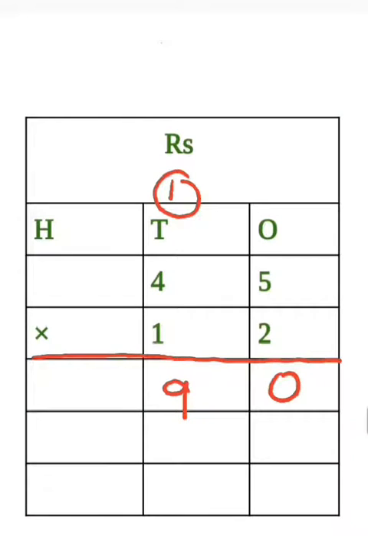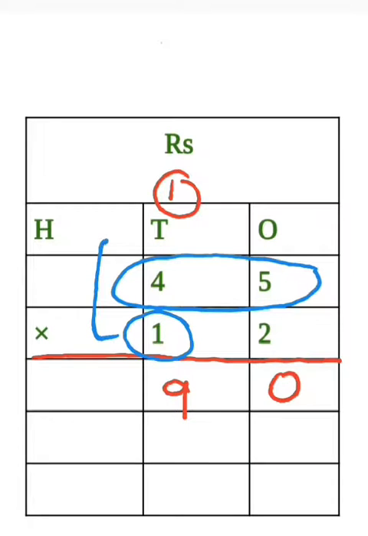Now children, we will multiply 45 by 1. As you can observe children that 1 is in the tens place. So in the next line, first we will leave the ones place and we will start from the tens place.